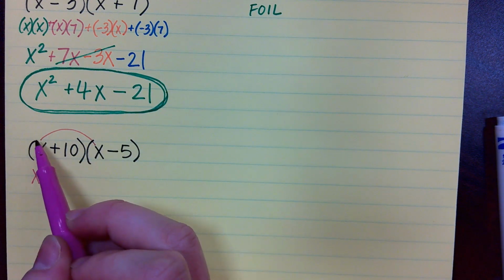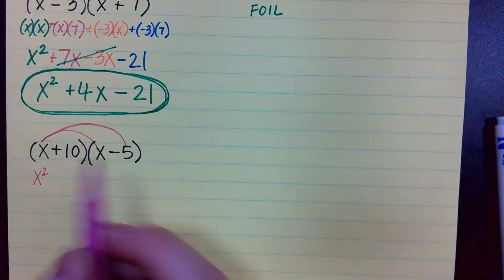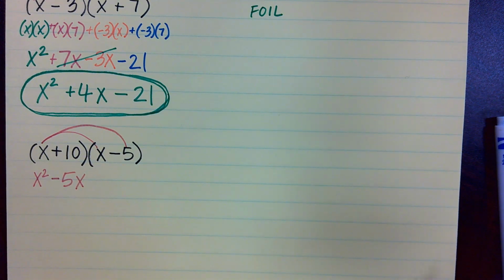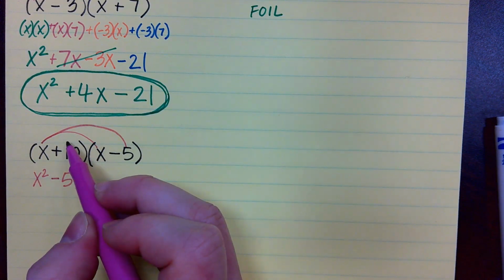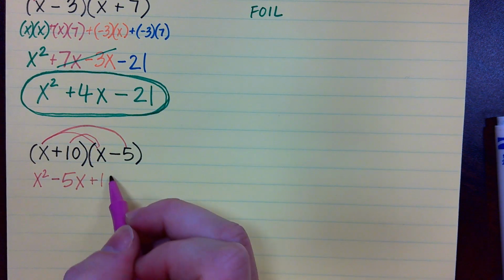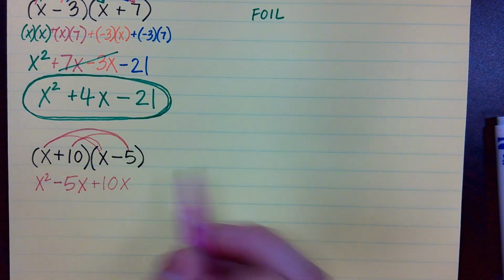Yep, my outer terms, x times negative 5, and what is that? Good, negative 5x. What's next? Inner terms. 10 times x, that's 10x. 10 times negative 5, what's that?